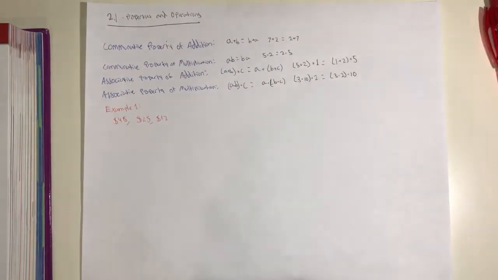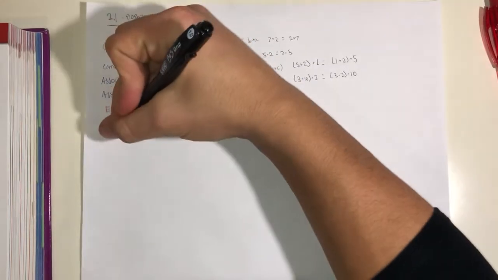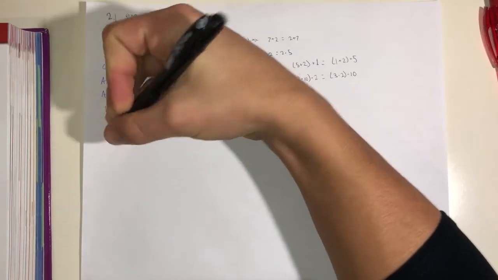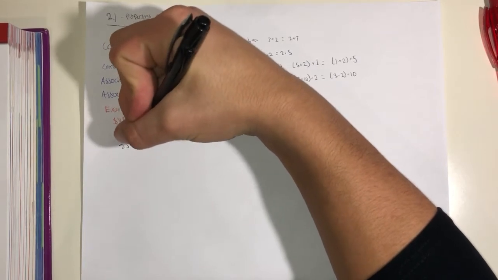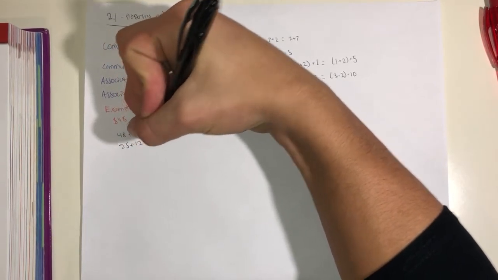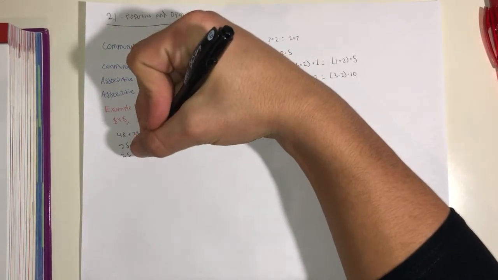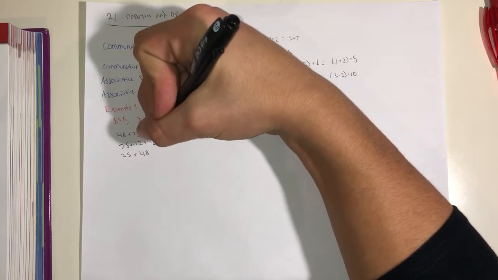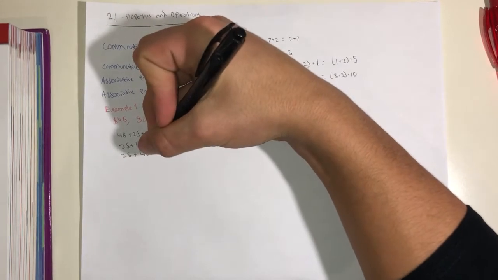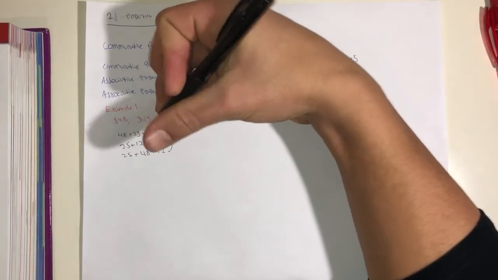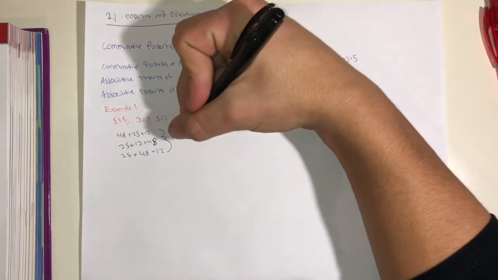If you're adding up the prices, you could add 48 plus 25 plus 12, or you could do 25 plus 12 plus 48, or 25 plus 48 plus 12. All of these are going to equal 85.